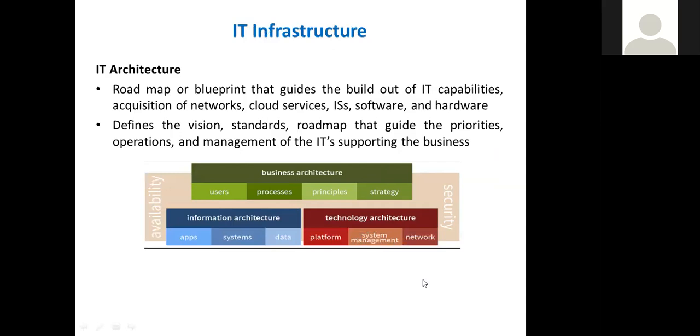So what you need to do is come up with a blueprint. In a few other slides, we are going to do an exercise where we look at a blueprint and IT architecture for a small business.